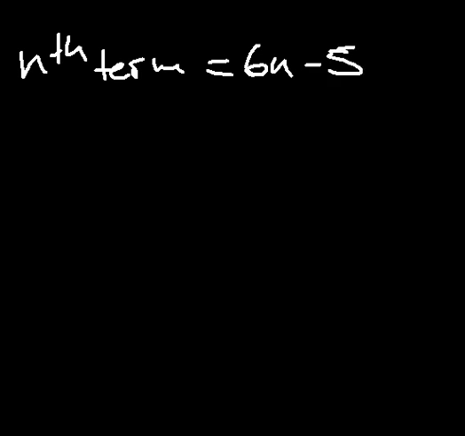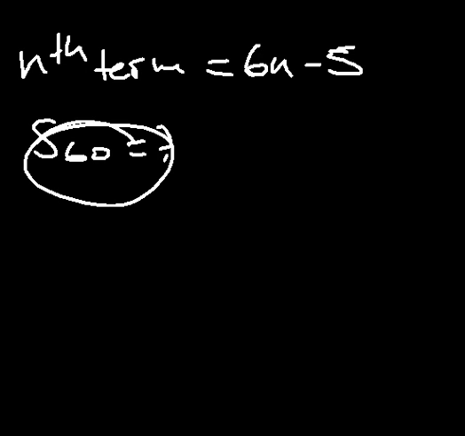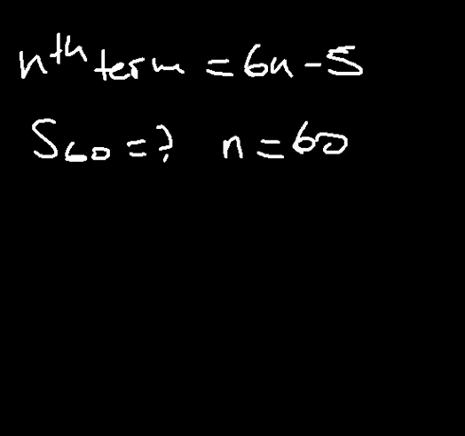The question says find the sum of 60 terms for that particular arithmetic progression system. How should you be able to have the sum of the terms in that case? By the way, the number of terms is given as 60.